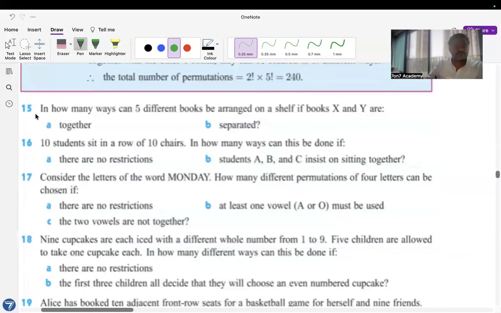Now see these questions, 15. In how many ways can 5 different books be arranged on the shelf if X and Y are together?